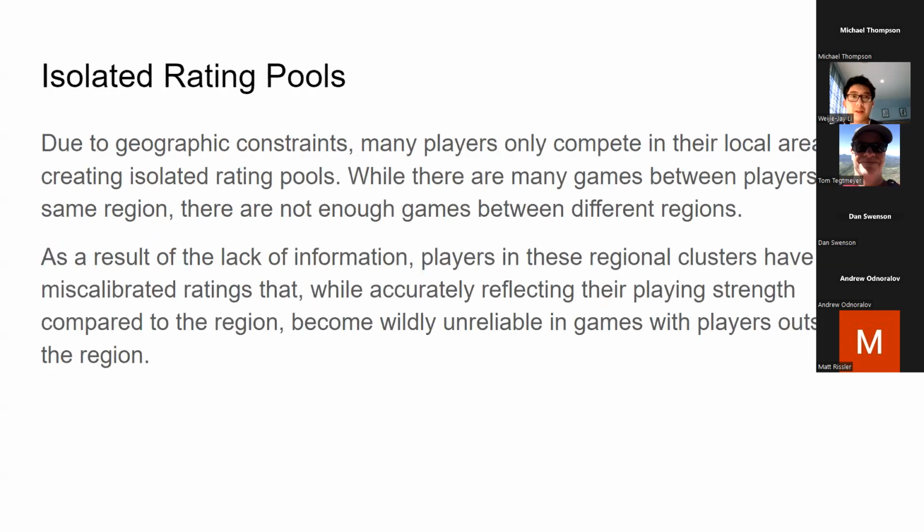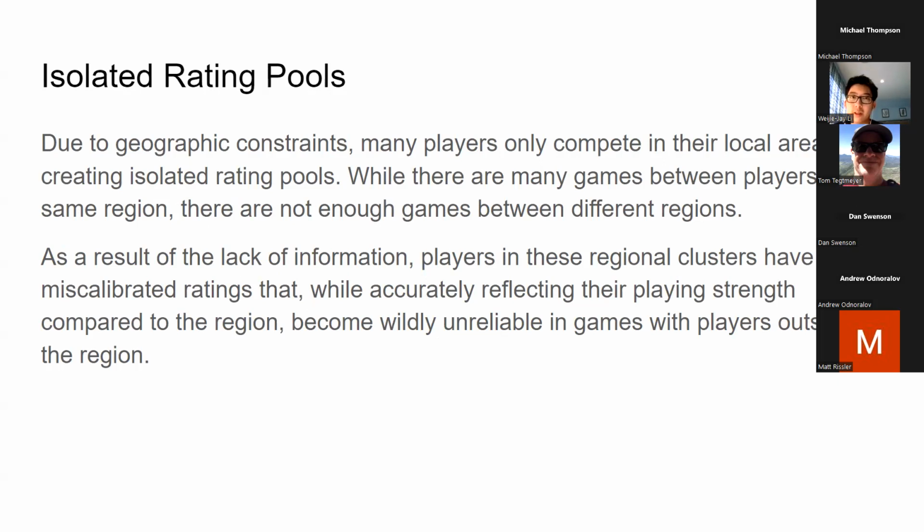The main focus for this project is on the problem of isolated rating pools in the ELO rating system. I will be using a lot of examples with chess players, but please be aware that this could apply to basically any field that ELO rating is involved in.